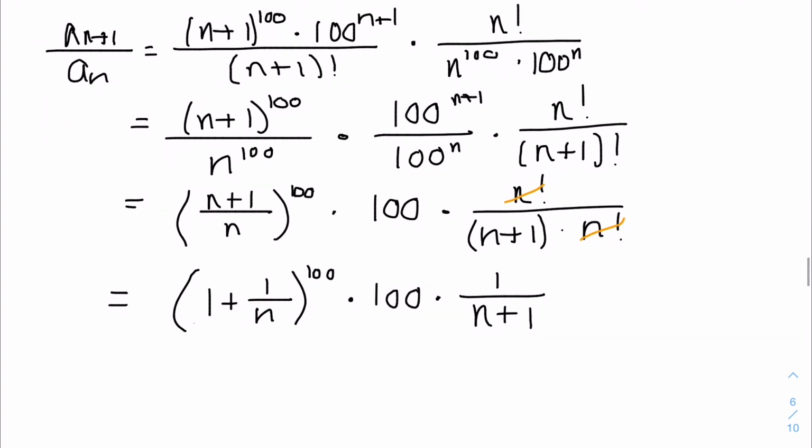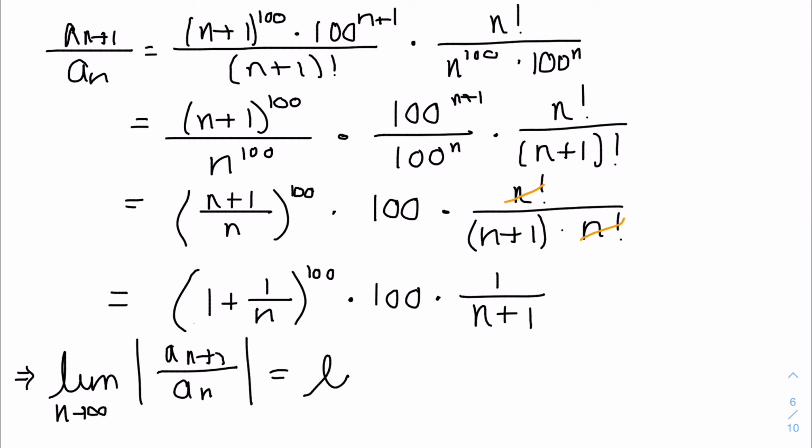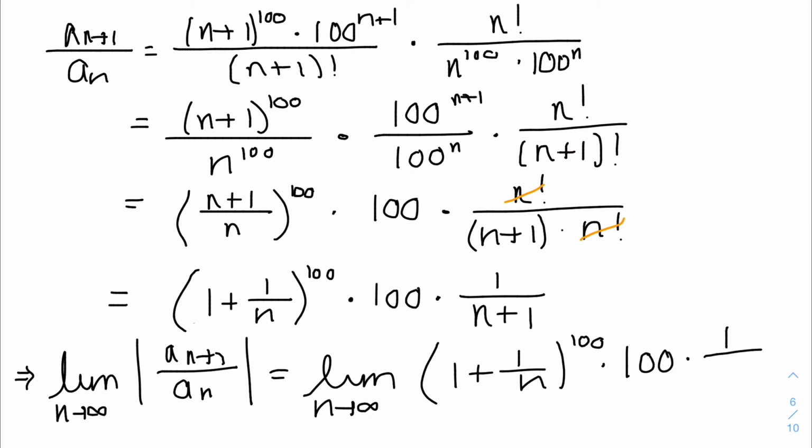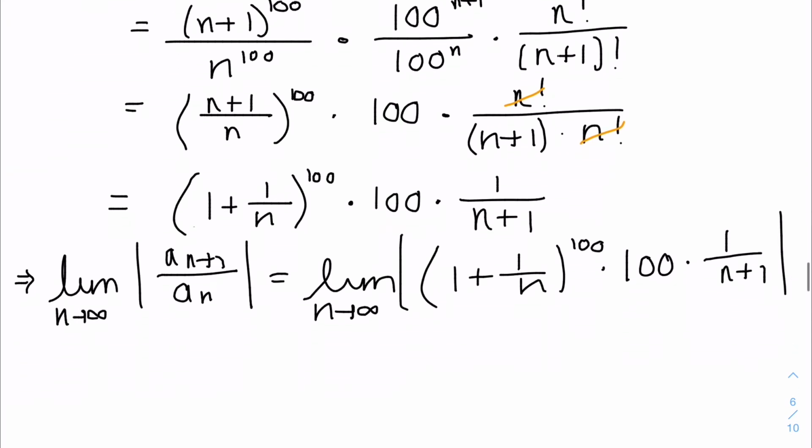When you take the absolute value, it doesn't really do anything because every term is positive. So we want the limit as n tends to infinity of 1 plus 1 over n to the 100 times 100 times 1 over n plus 1, because the absolute value doesn't do anything.